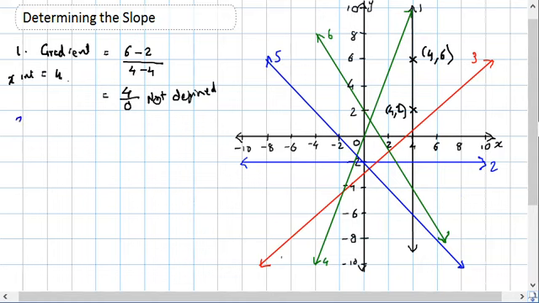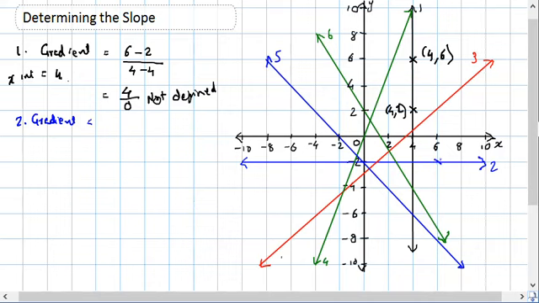So the gradient for this line, again if we look for the rise, the line is not rising at all. It's traveling horizontally, parallel to the x-axis, continuing in both directions, but it's not rising at all. So since rise is 0, the gradient should be 0 anyways.